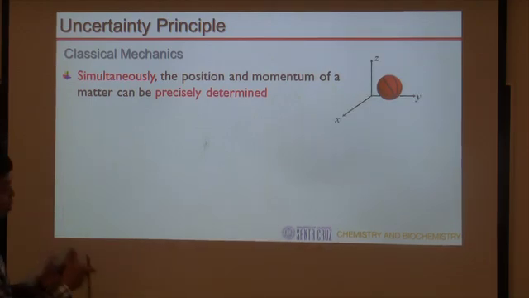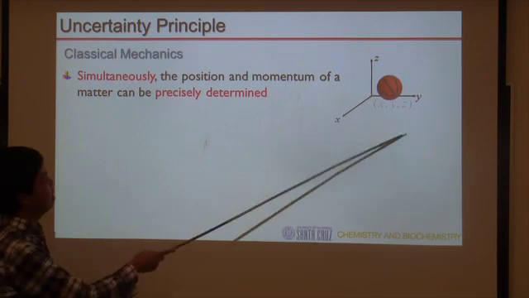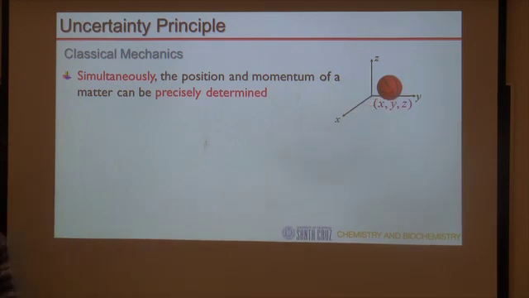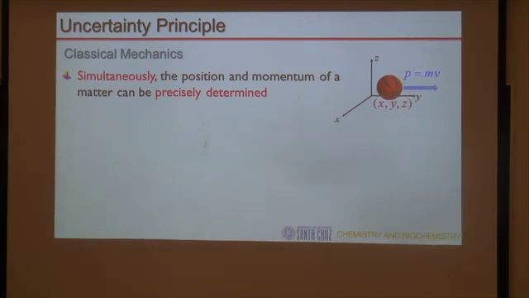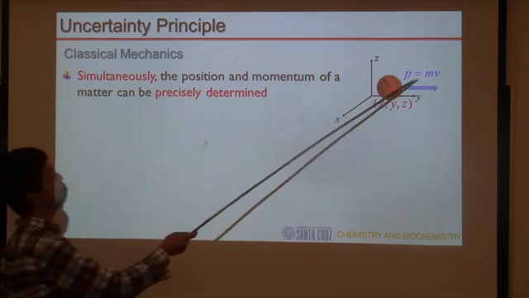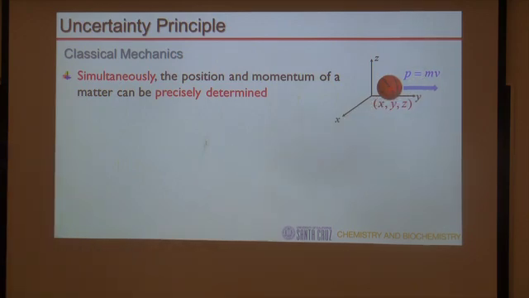We can set up a coordinate system, and by doing so we can easily give the location of the basketball, if we define the center of the basketball as its location. It's pretty easy. And we know it's moving with a certain velocity, so we can easily calculate the linear momentum as m times v.